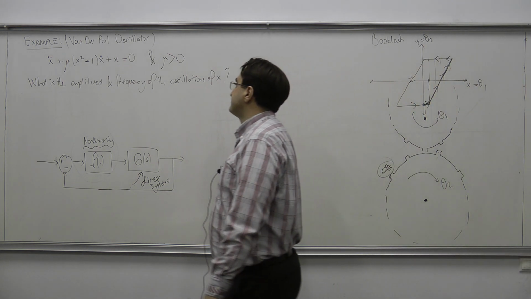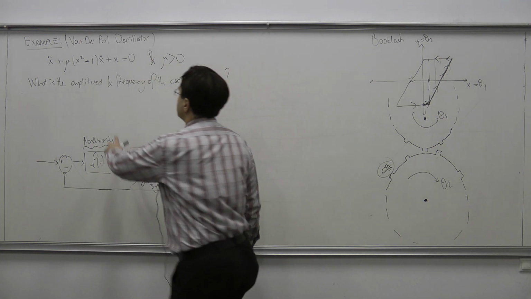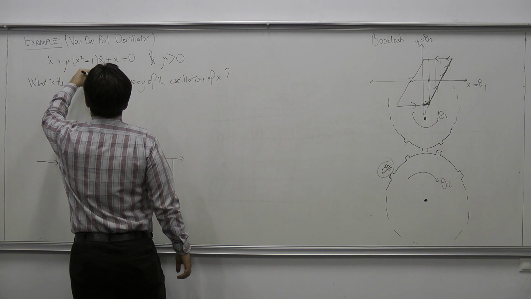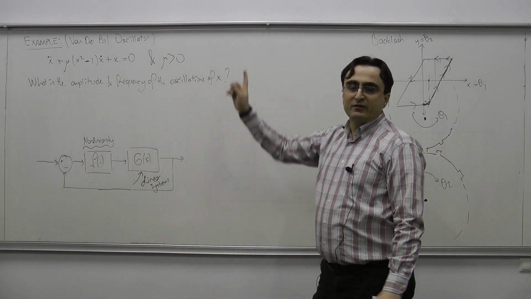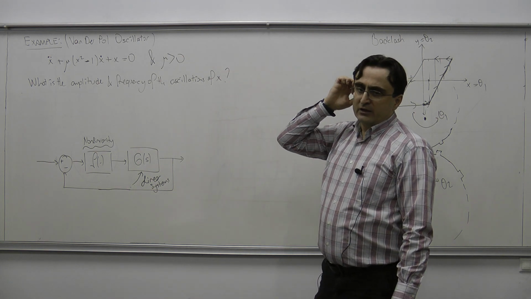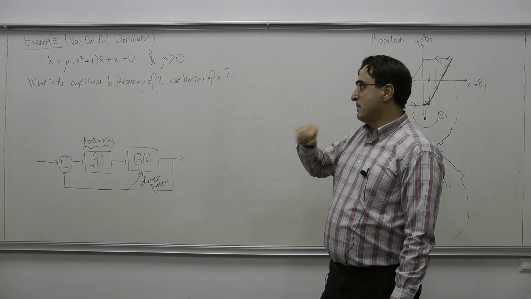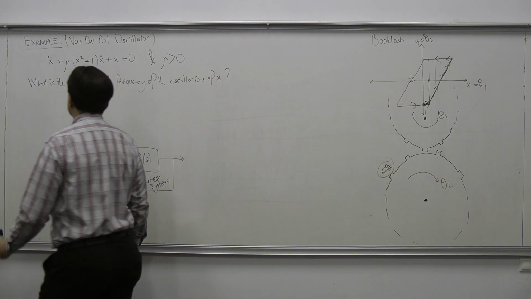All right? The first thing that I'm going to do is to explain to you why this system actually oscillates. So this looks like a second order differential equation, but why really does it oscillate here?